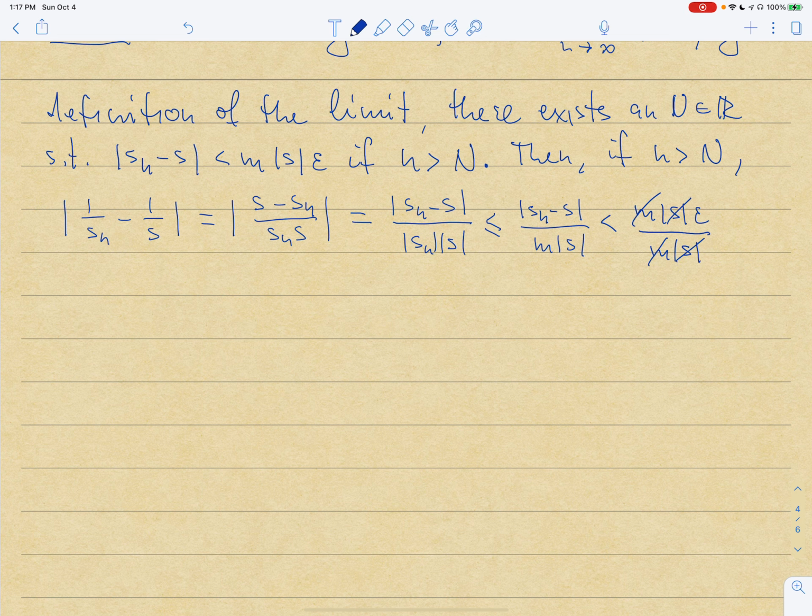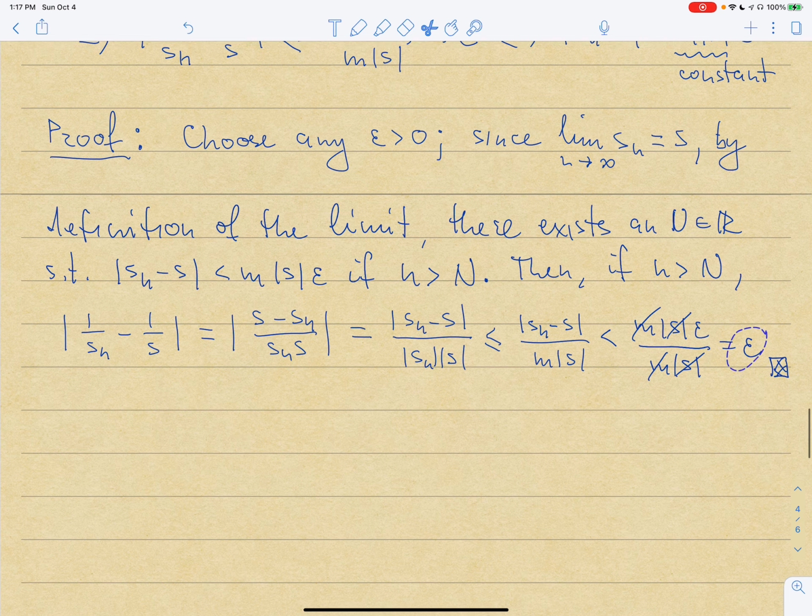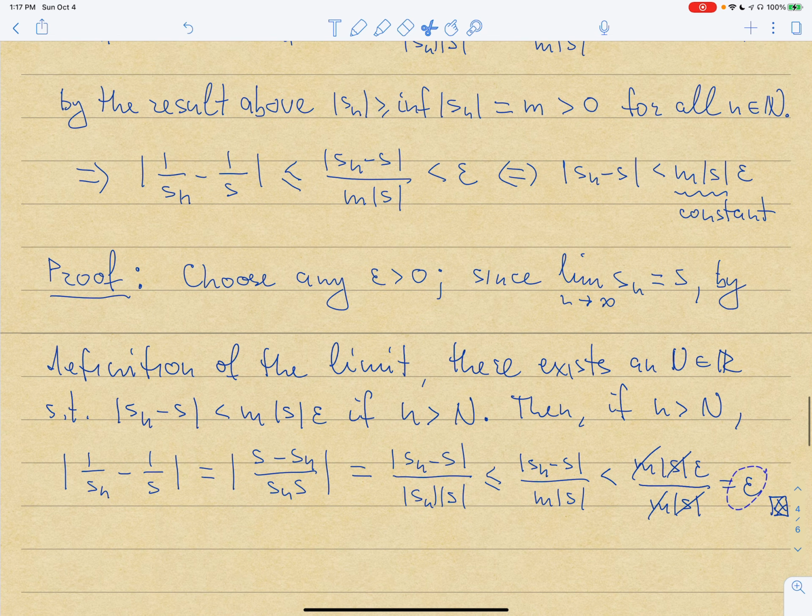Those two cancel out, and this is equal to epsilon. And that means that we're done, because for every epsilon greater than 0, there exists a capital N in R such that |1/Sn − 1/S| is less than epsilon. And so that's it. That means that we satisfy the definition of a limit for 1 over Sn, and the proof is complete.